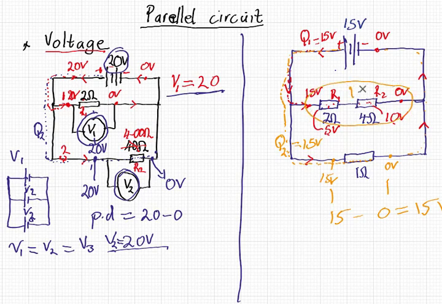So here it is 15, right? On this branch again it's 15 volts. So if I have 15 resistors, identical resistors, identical or not identical, let's start with identical. If they are identical, we mean they are the same.